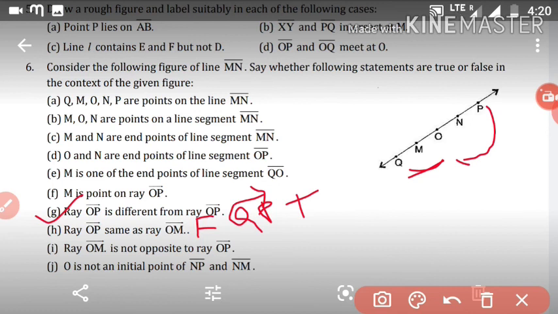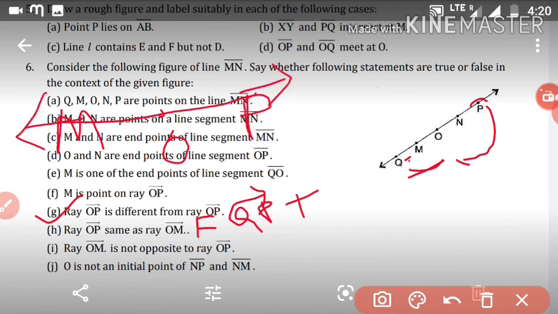Now I: ray OM is not opposite to ray OP. Now here I will show you a line. This is M, this is O, and this is P, and this is also a ray, and this is also a ray.